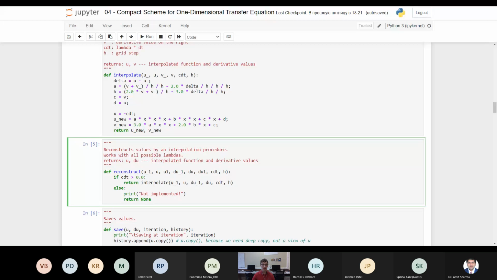One of your tasks will be to implement this for the case of negative lambdas. So when this value is less than 0, then you will have to use the interpolation procedure, but use the values to the right, which are given here.